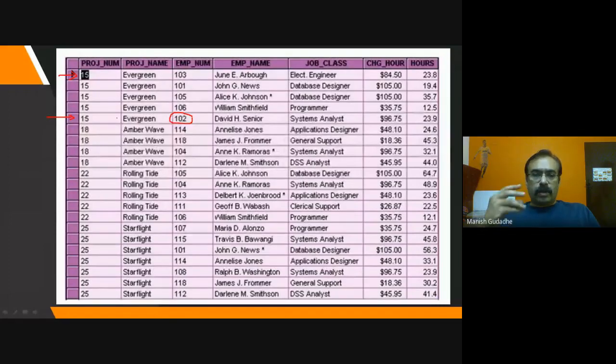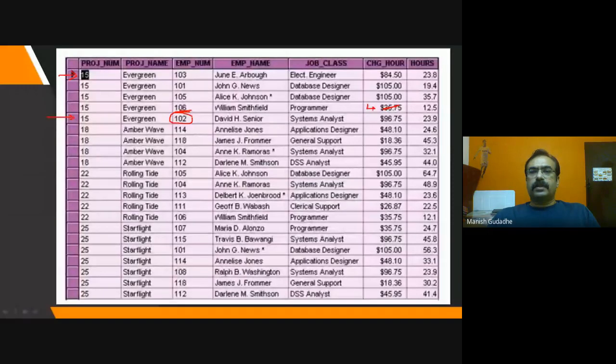And let us say that some employee is joining and has not been allotted any project by now. So the project information related to him will be left blank. That will be a problem for us. Now the update anomaly. Let us say William Smith Shield, employee number 106, is promoted, or his charges per hour are increased to $40.